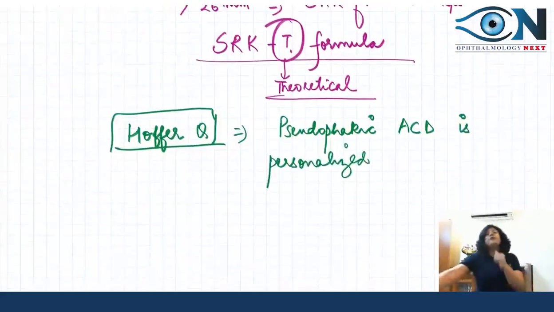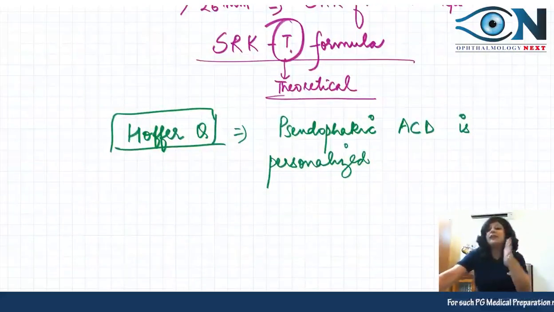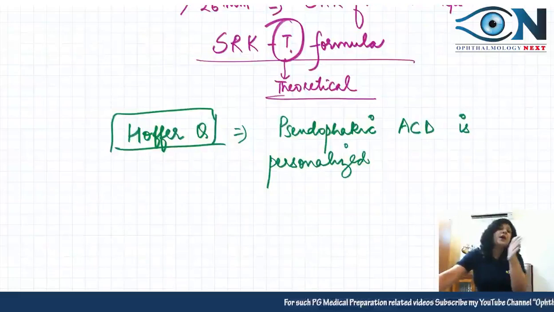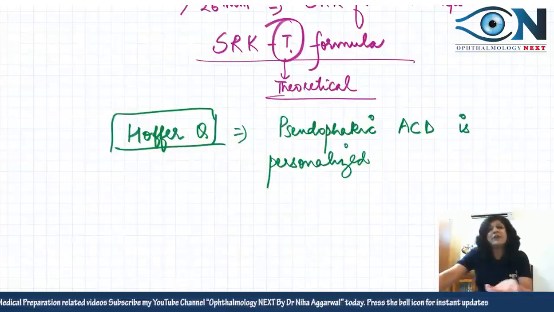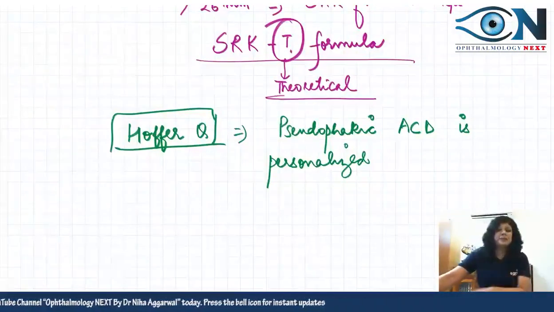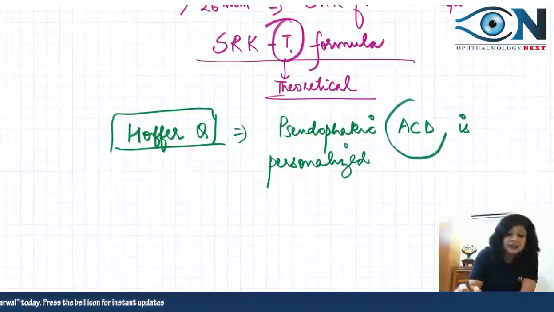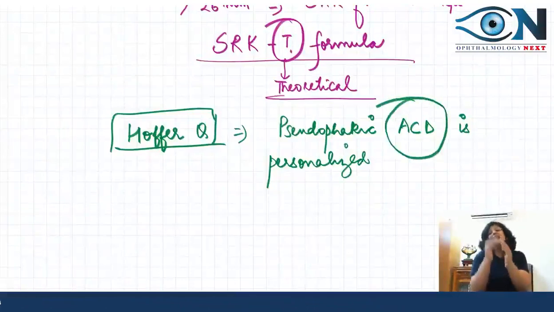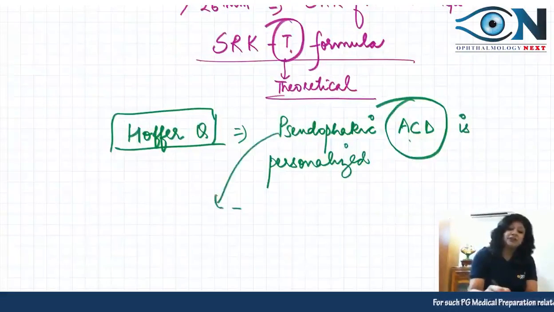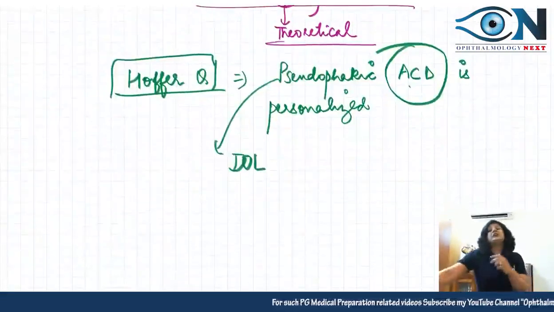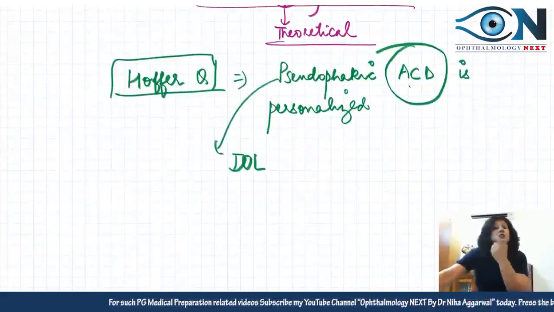Normally we take for granted that whatever is the pre-operative anterior chamber depth, the same will remain afterwards also, so we are not considering it. But if I have to personalize the anterior chamber depth, that is, what will be the anterior chamber depth after this IOL, then I use the Hoffer Q formula.